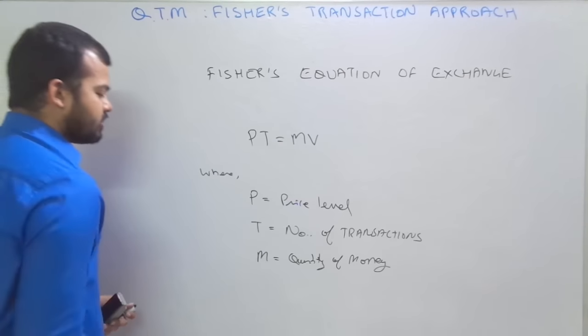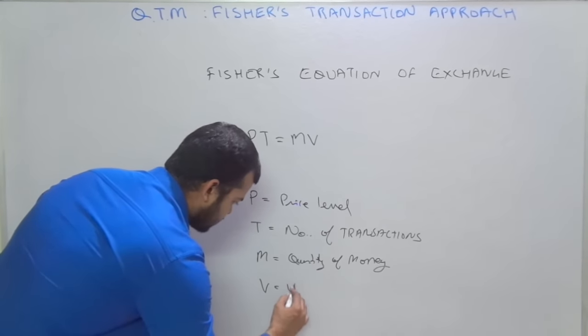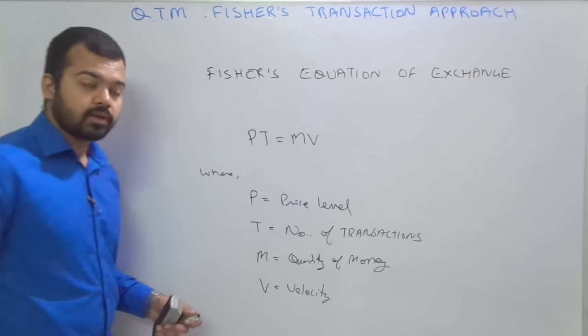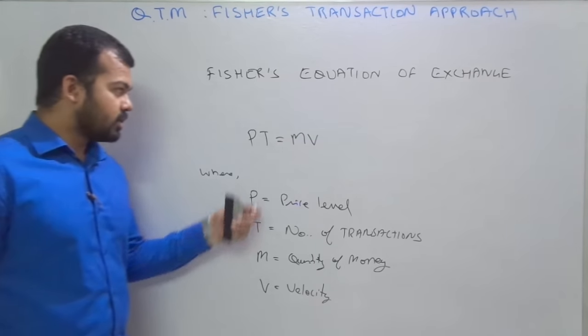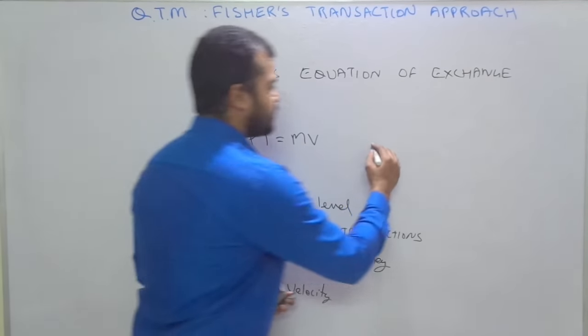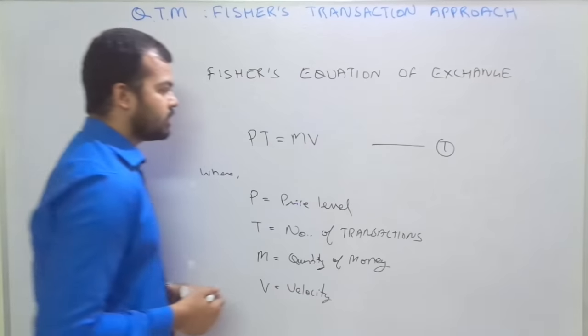And the V, the most important, that is velocity of circulation of money. So these are the 4 variables in the equation of exchange. So we can denote this equation as 1.